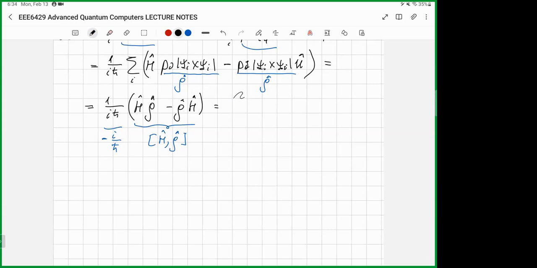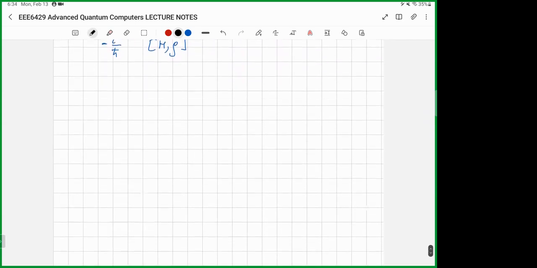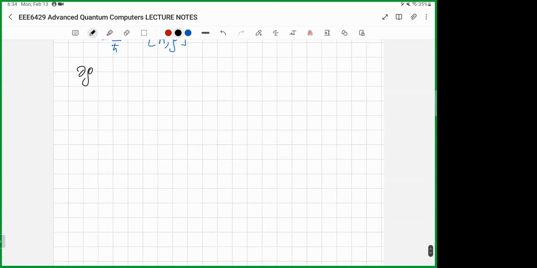So the result is minus i over h bar, and then the commutator of the Hamiltonian with the density operator. So the resulting equation is delta rho over delta t is equal to minus i over h bar commutator of Hamiltonian and the density operator.